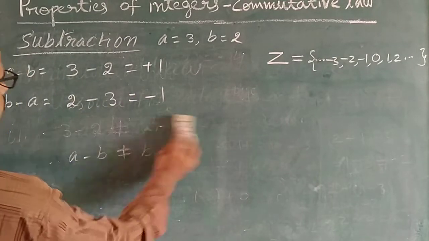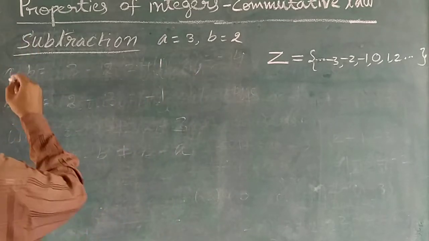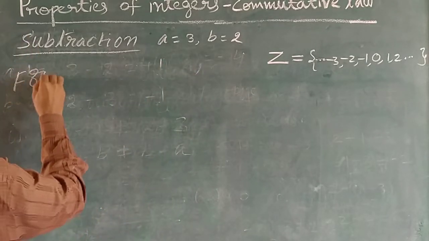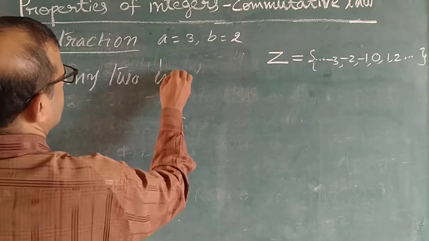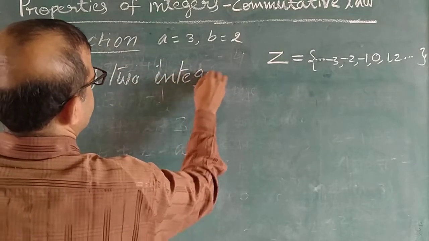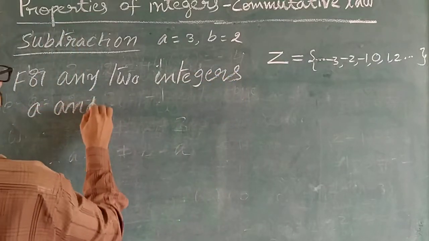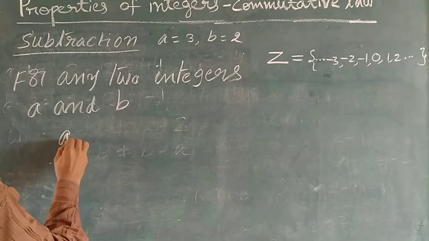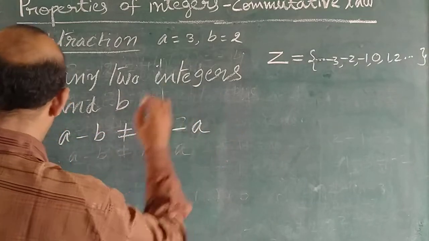Therefore, for any two integers a and b, a minus b is not equal to b minus a.